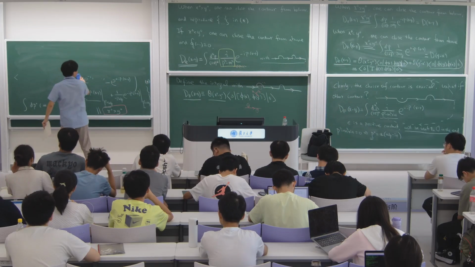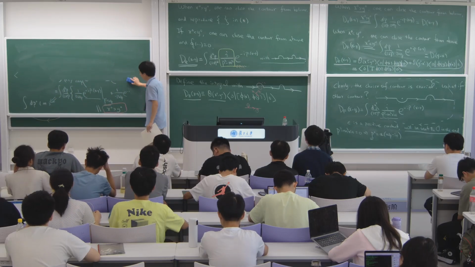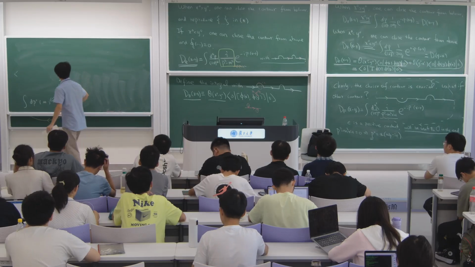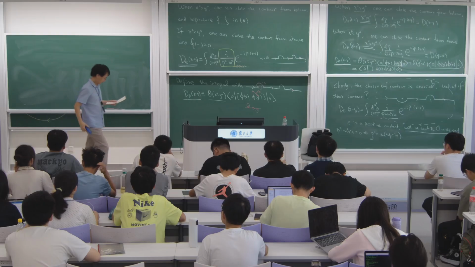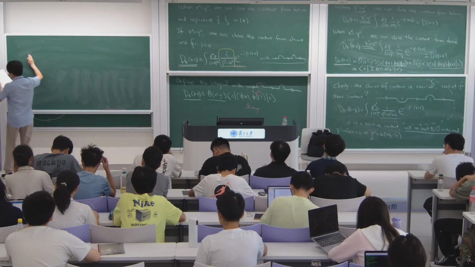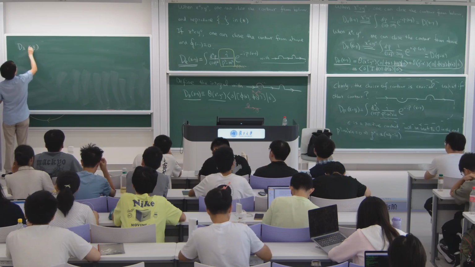So 4 different choices of contour define 4 different correlators or Green's functions. I'm not going into the details because I don't have time. So just plot these 2 more.